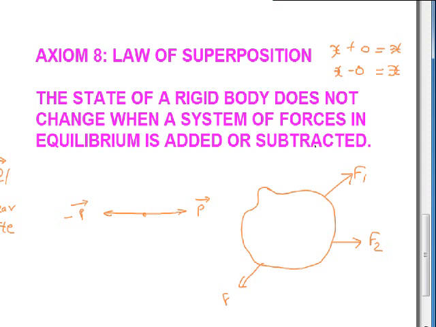So what we mean is this X is one object which is acted upon by all these forces. This 0 is the system of forces in equilibrium. If you take this P bar and minus P bar and put them onto this object, it really doesn't change anything, because we know x plus 0 is x, x minus 0 is x. Because we are adding a 0, in some sense we say that this system of forces in equilibrium is 0. It doesn't change the situation in any way.